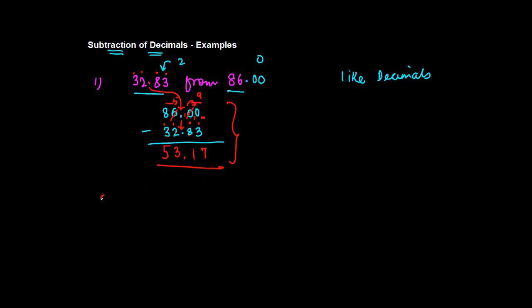Now again, the second question. Let me give you a complex problem over here. Let's say I tell you to solve this question, which has 63.87 minus 23.40 plus 41.67 minus 10.